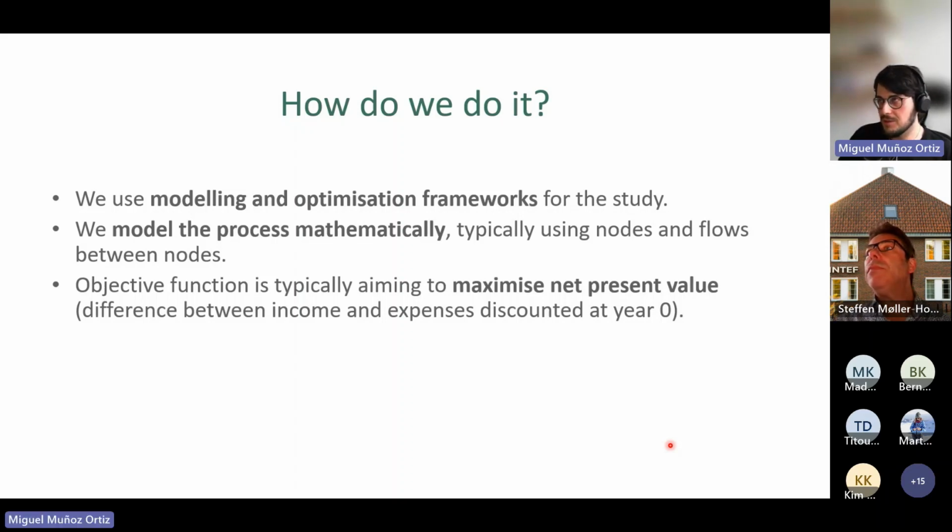So all these costs that depend on the variables that are not known yet are summarized together into what is called the objective function, which in this case is the sum of all the costs discounted to year 0 to be comparable. But again, I will show that more graphically later. And the net present value is the difference between income and expenses discounted at year 0.